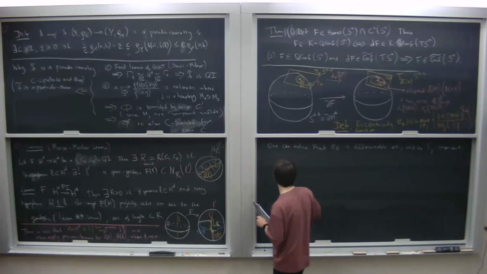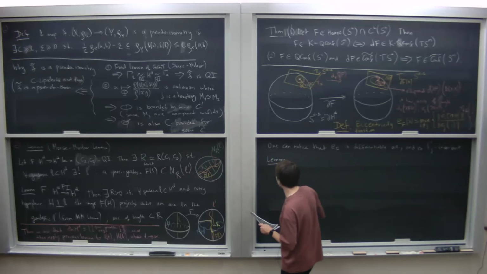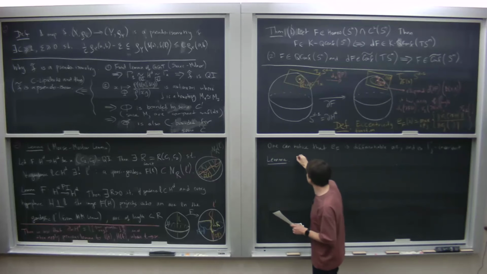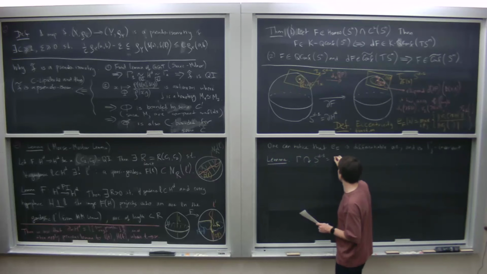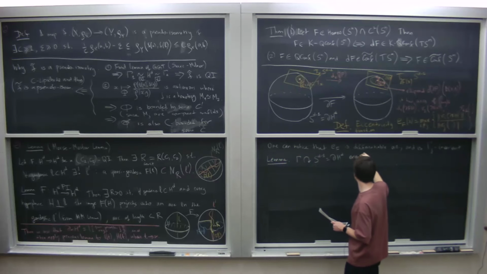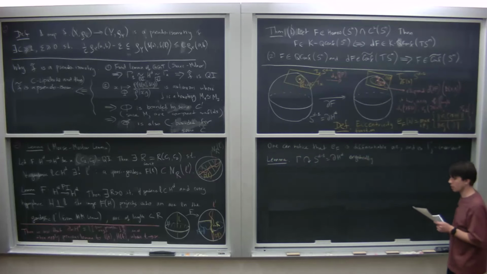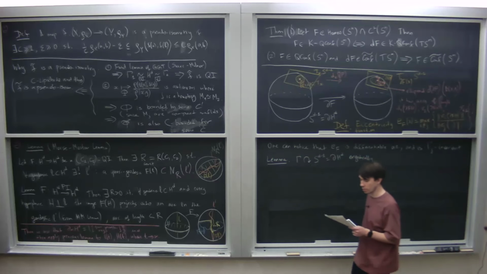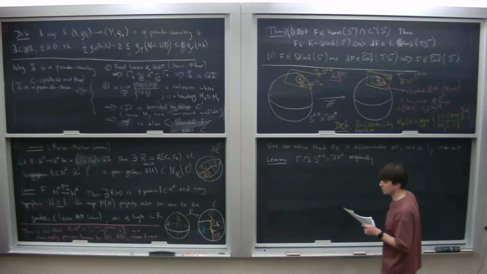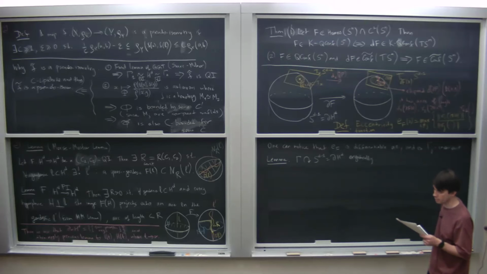Then we will write the following lemma. Gamma acts on S^{d-1}, which is the boundary, ergodically, right? We already mentioned this. It follows from the Moore ergodicity theorem.